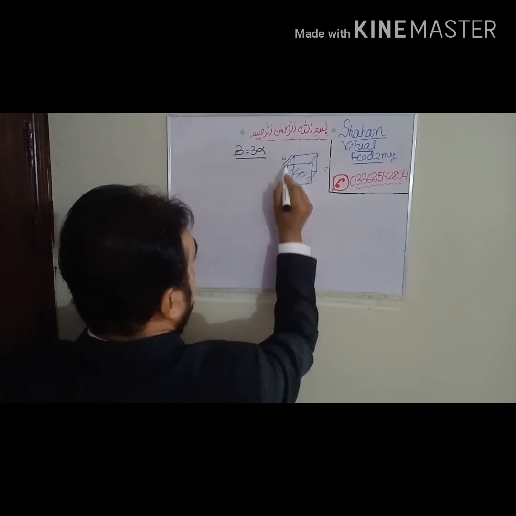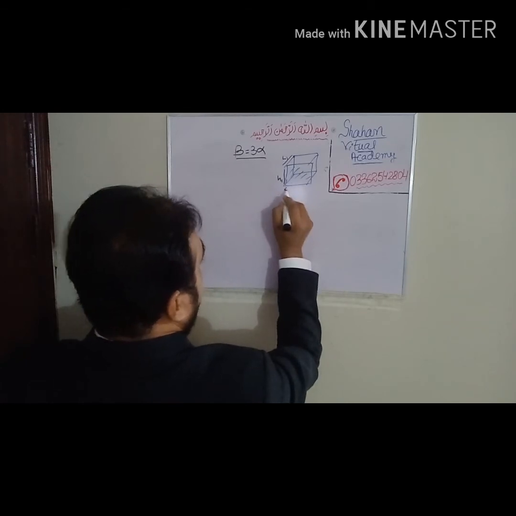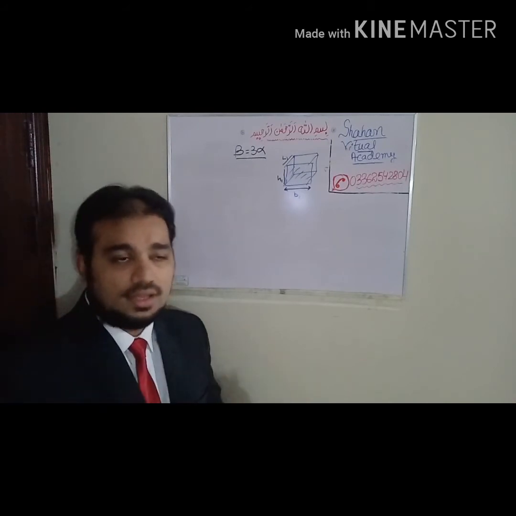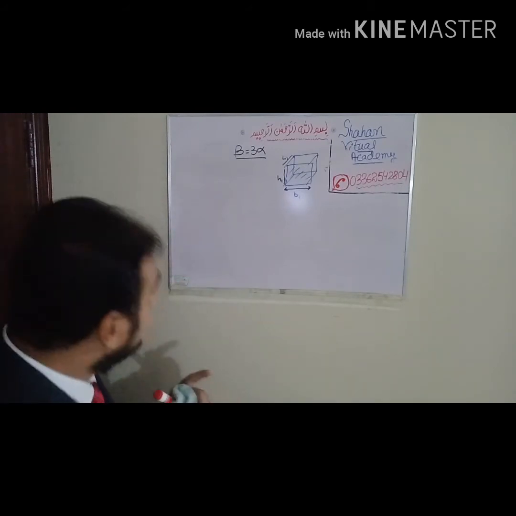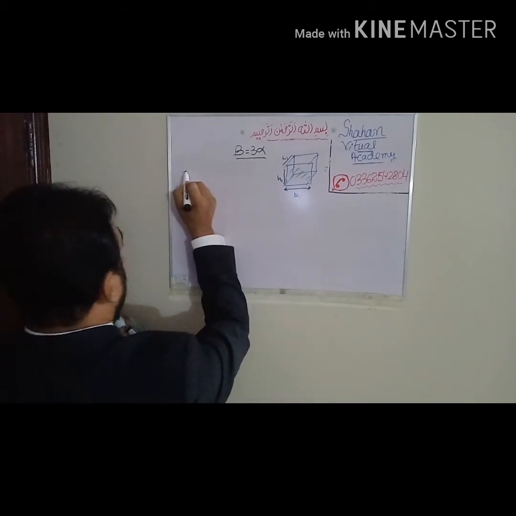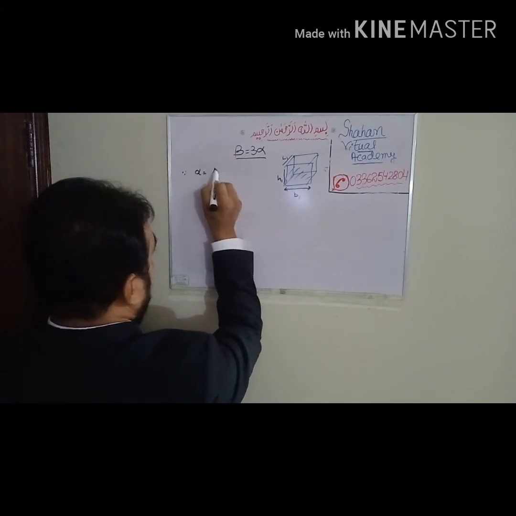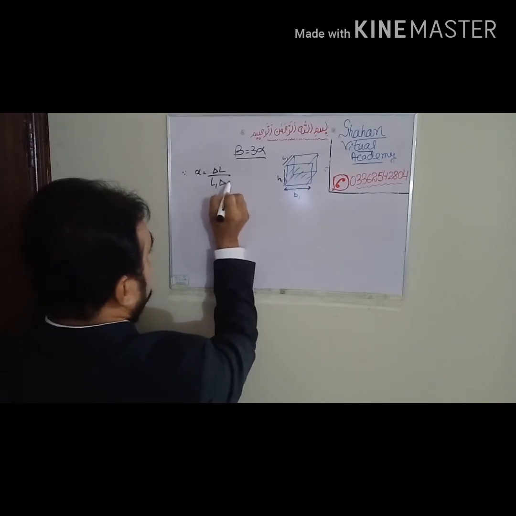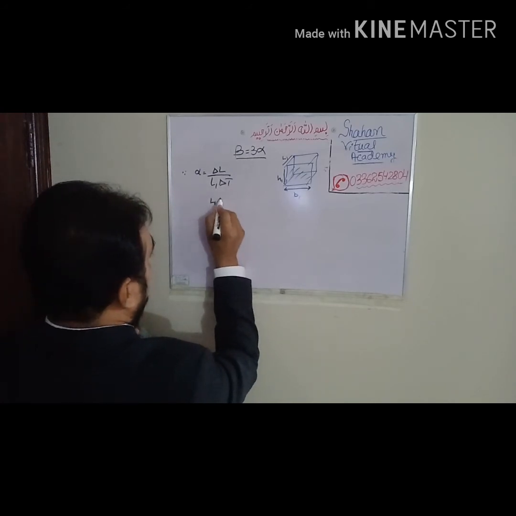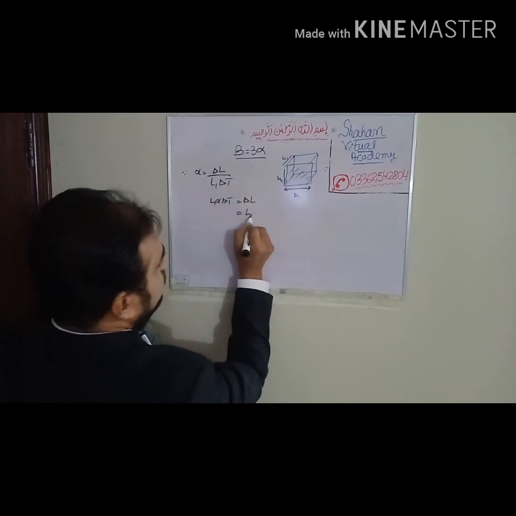Its original length is L1, its original height is H1, and its breadth is B1, just before giving heat. You know about alpha: it is the change in length per unit original length per degree rise in temperature. If we reverse it, L1 alpha delta T is equal to delta L. You know that delta L is L2 minus L1.